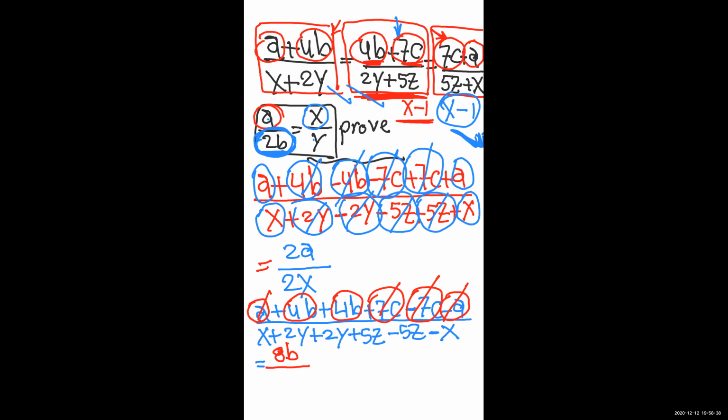Then over x minus 5. Do we have any questions till now?